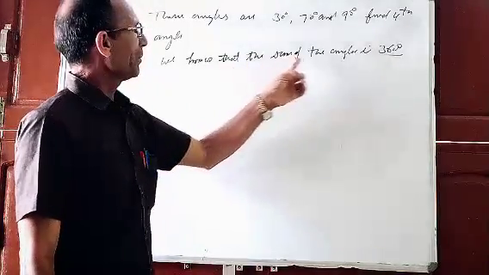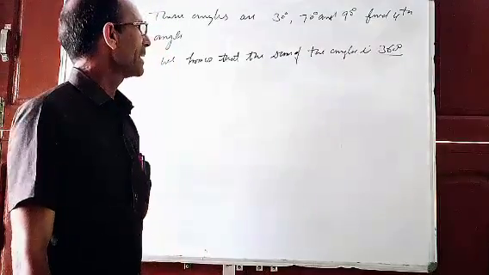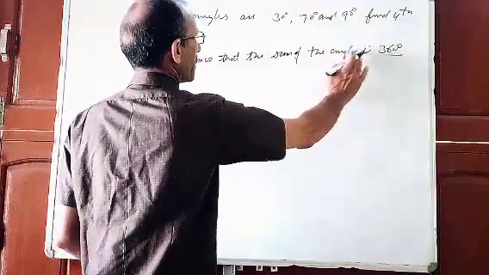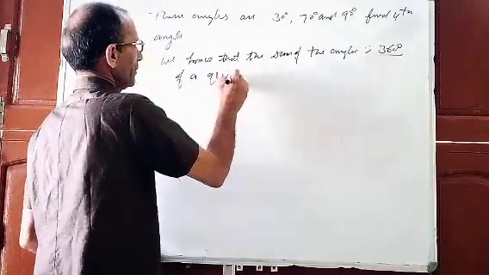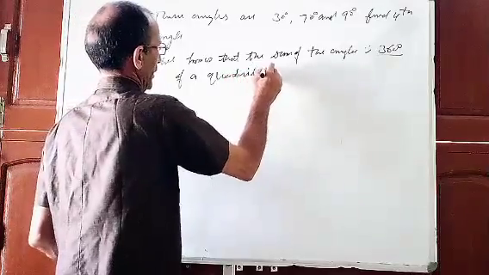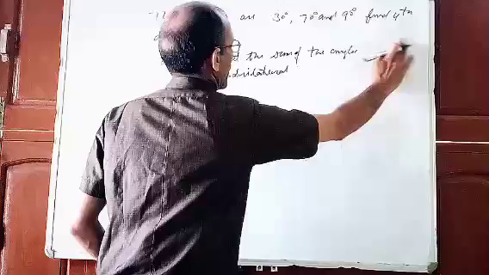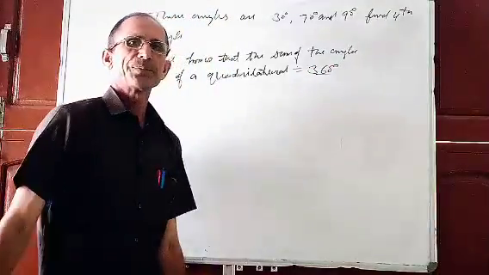We know that the sum of the angles of a quadrilateral is equal to 360.